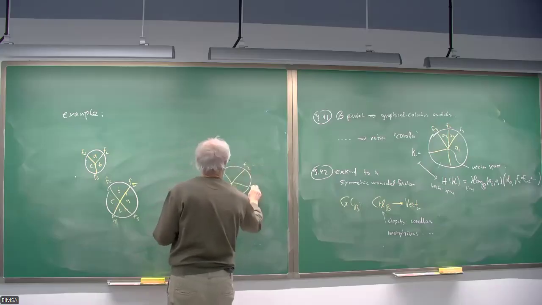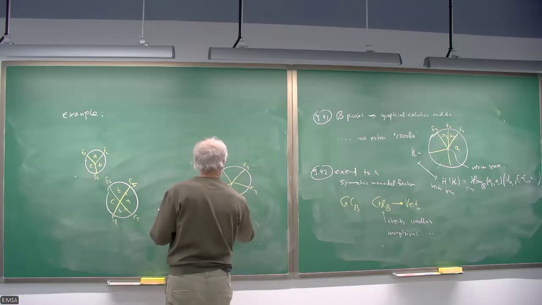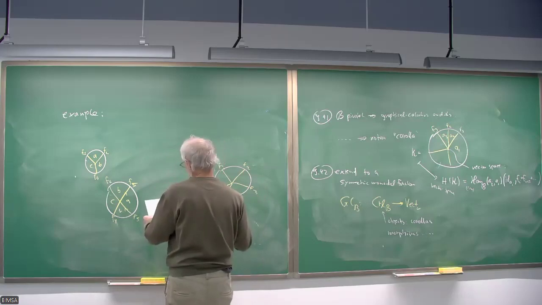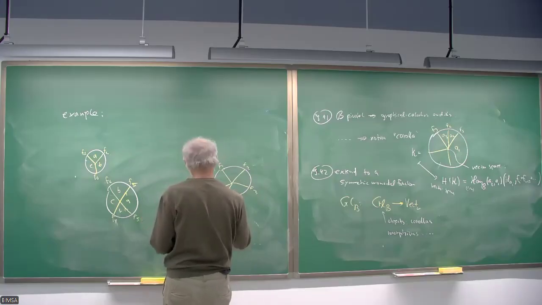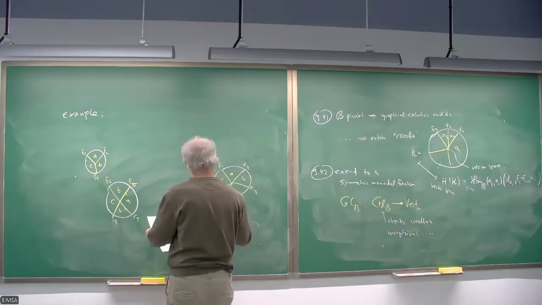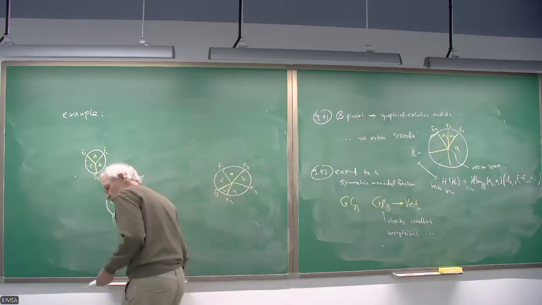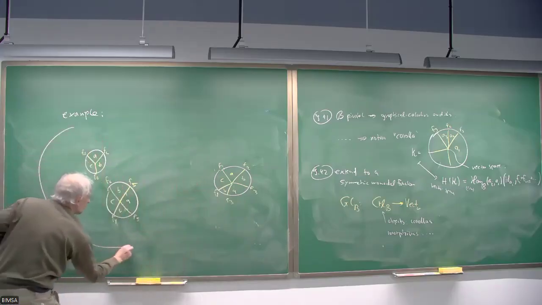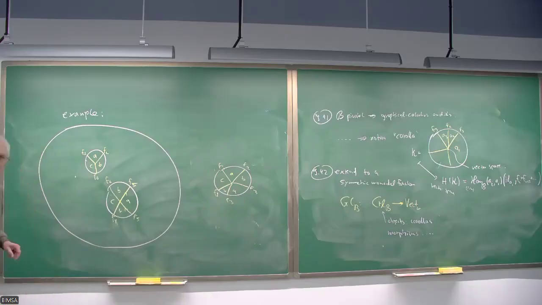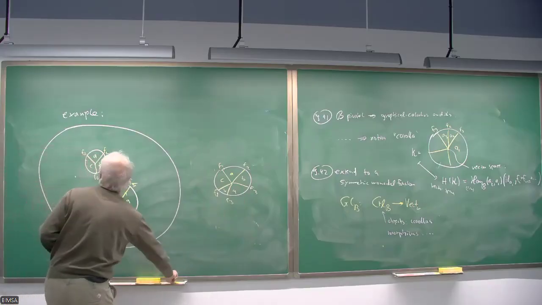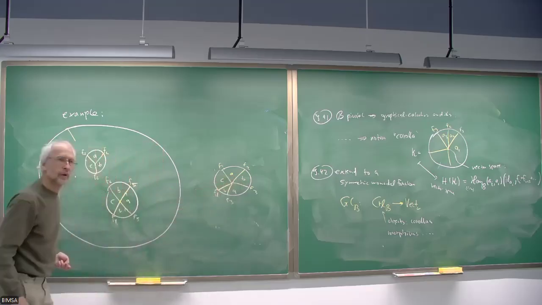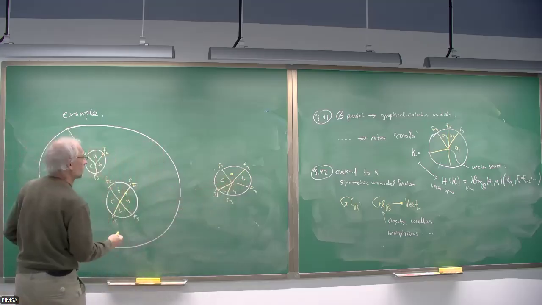F1, F2, F3, again F3 and F4. And A, B, C, B, A. Then what you do is you take this codomain corolla and remove some part in the middle. You cut it out.